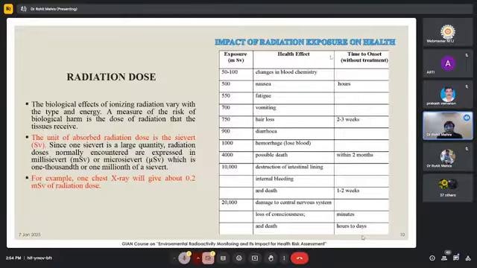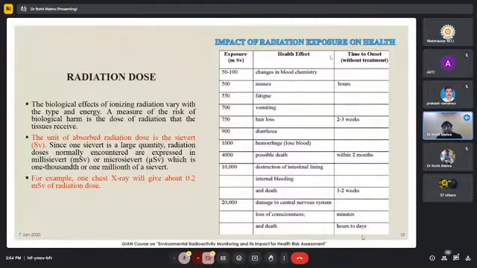Generally in India, we don't have a radiation record monitoring system, which in European countries is very much compulsory: giving the patient their radiation exposure once they have undergone any test, maybe an X-ray, a CT scan, or a PET scan.